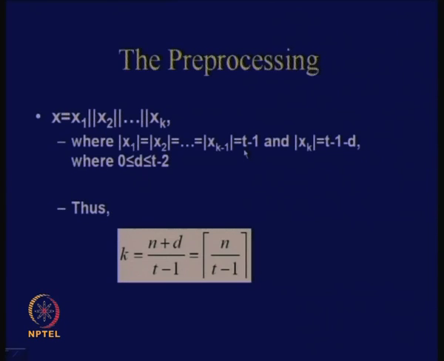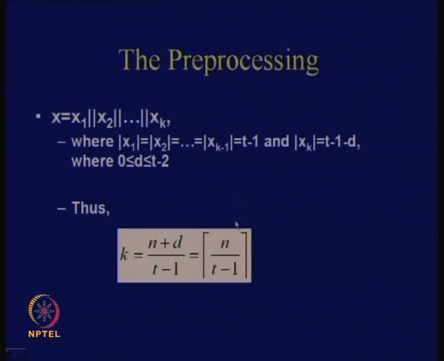And the last block is of size t minus 1 minus d. So in order to make it t minus 1 size, what do I have to do? I have to add d zeros. Therefore in this case the size of d has to be lesser than or equal to t minus 2. Okay. That's the way you are breaking it.